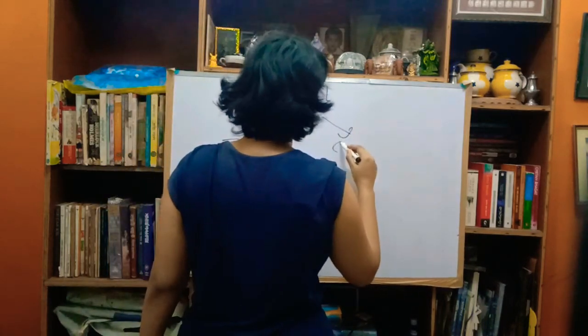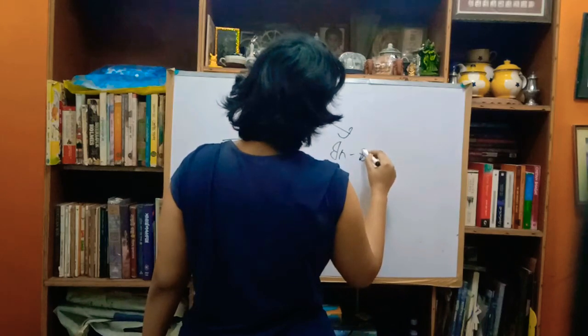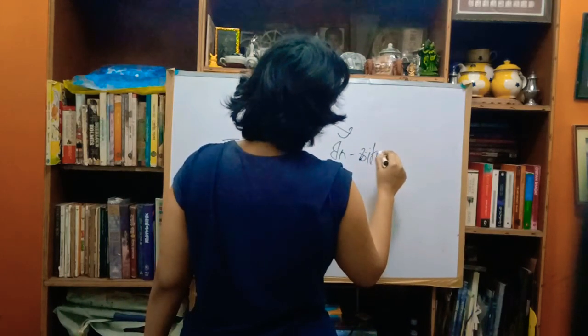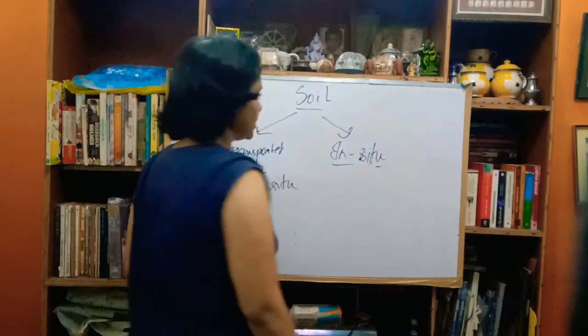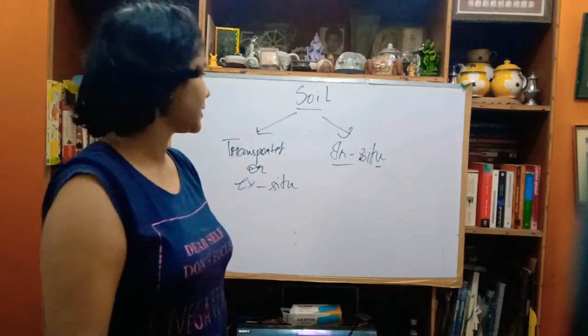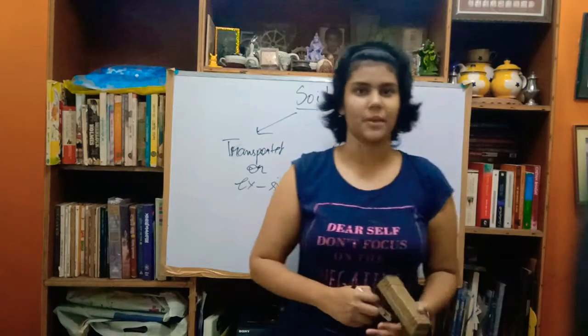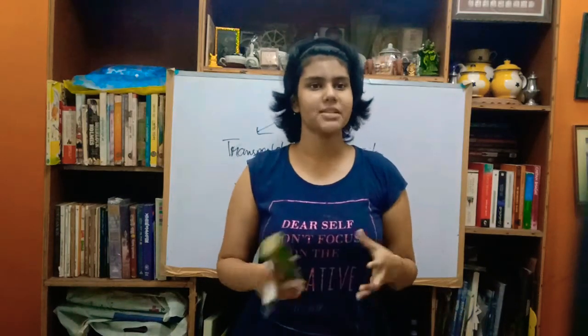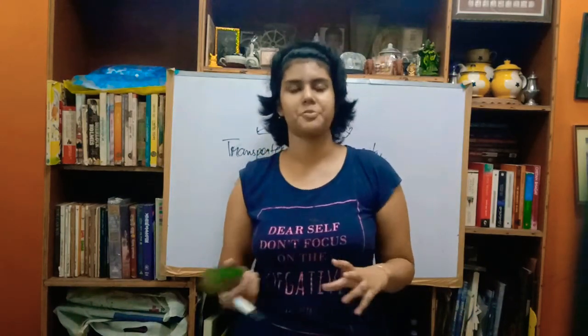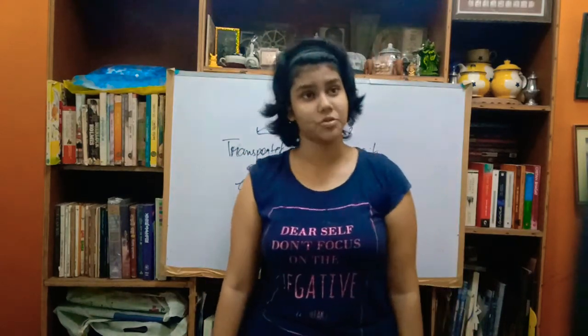And in situ soil is wherever the rock is, there only the soil forms. That means, suppose the black soil that is formed in the Deccan Tract. It's called Deccan Tract because there used to be volcanic eruptions earlier there. So, the black soil which is formed in the Deccan Tract is formed from those lava rocks only.